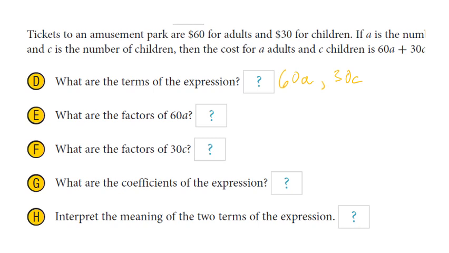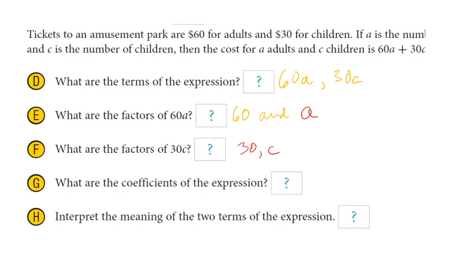So what am I multiplying together to get a product of 60A? I'm multiplying 60 and A. What are the factors of 30C? Well, 30 and C.